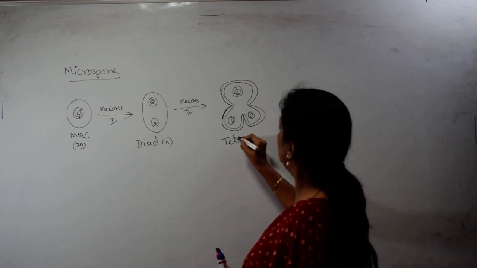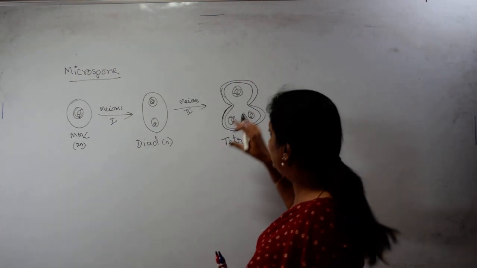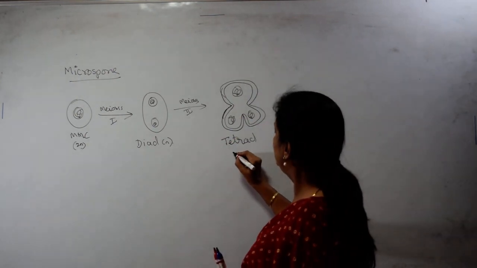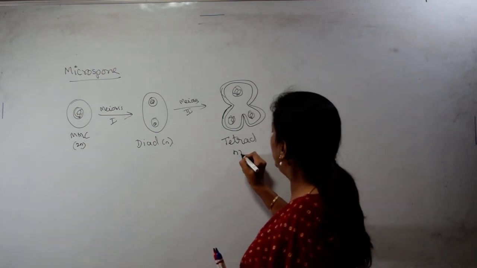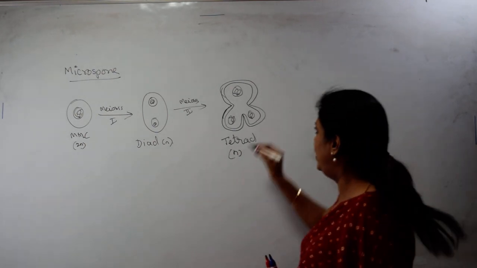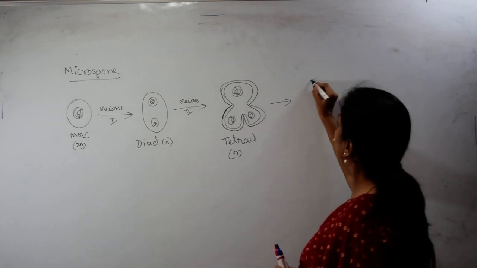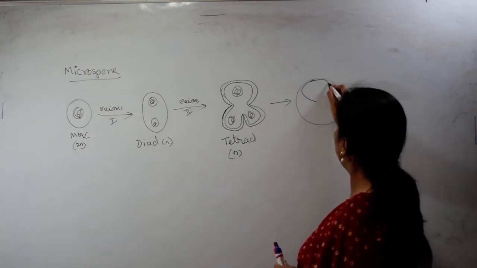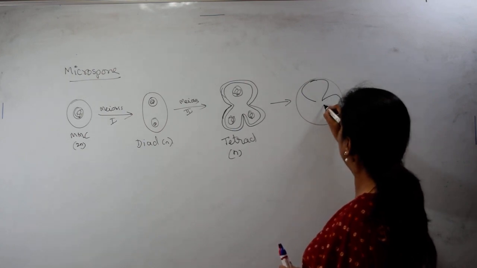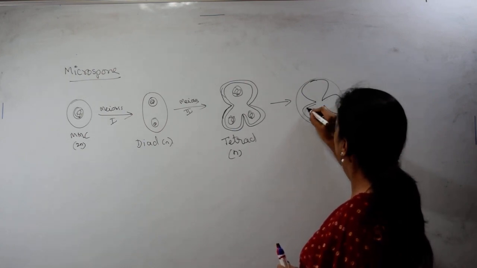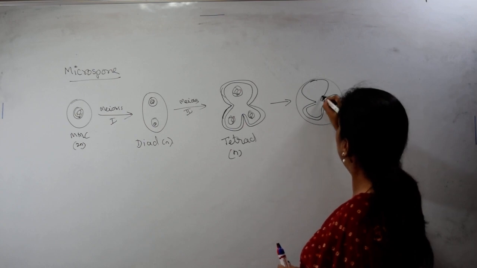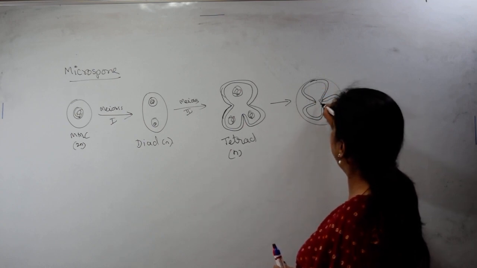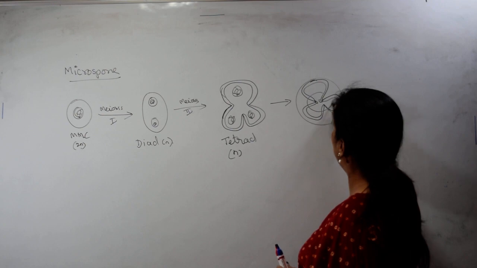Tetrad means a group of 4 cells. These are n, haploid, but there are 4 haploid cells. All of them combine together in one single common area, and this forms the pollen tetrad, and they separate off.